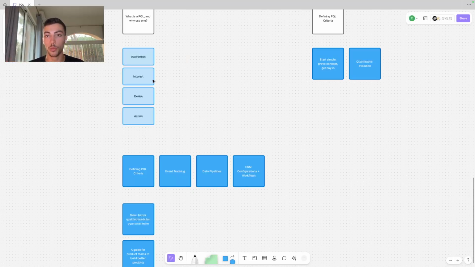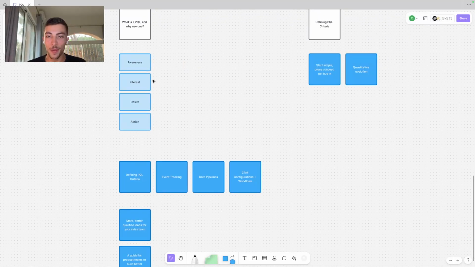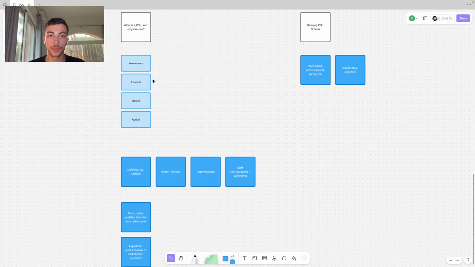If someone integrates with Salesforce, they're more likely, for example, to be a product qualified lead. But if you give them a free trial of the product that does not allow them to integrate with Salesforce at any point in time, they're not even going to get to that, so you can't pick it up. That's the power of having, at least for some period of time, given them access to the entire product suite. Those are my big comments on product qualified leads.